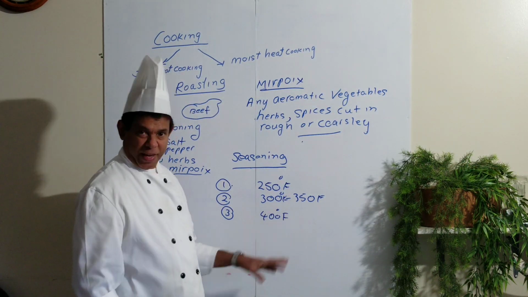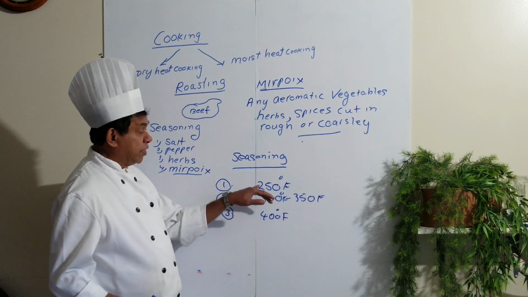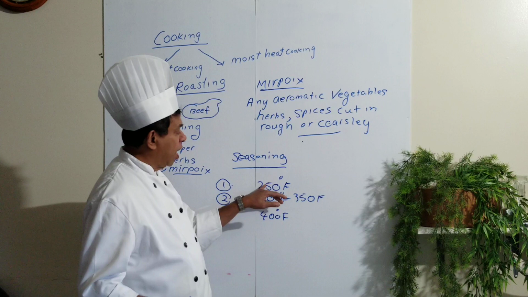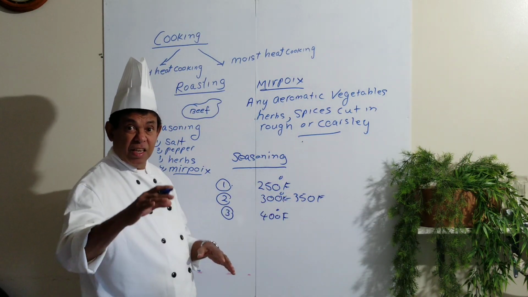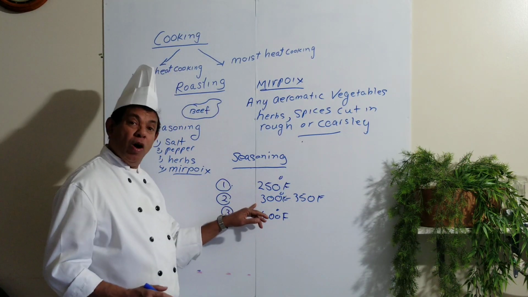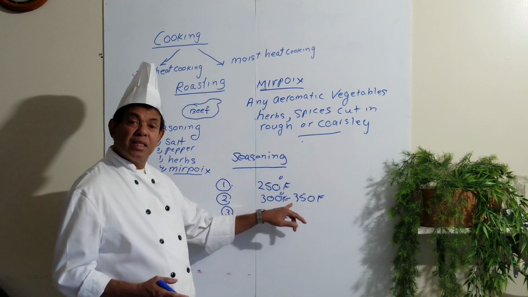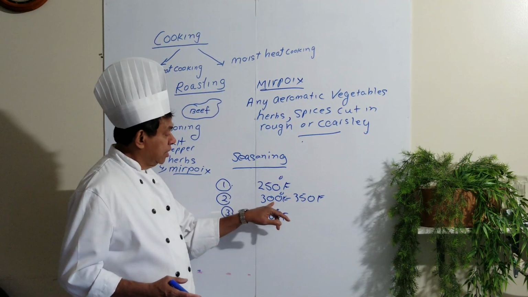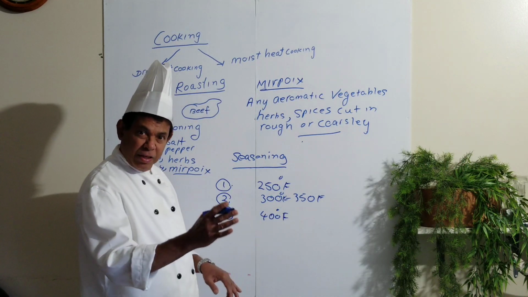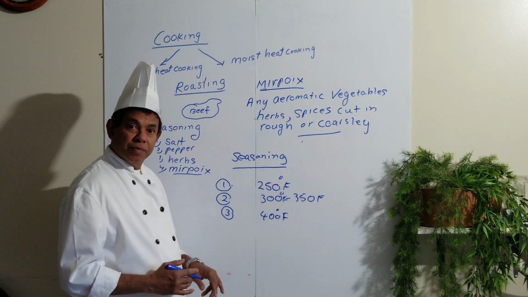It's fast cooking if it's small. If it's a big piece, the starting temperature is 250. If it's a little bit smaller, like 10 pounds or 8 pounds, you can set the oven temperature 300 or 350 Fahrenheit. It's also slow cooking, but a little bit speedier than the first one.